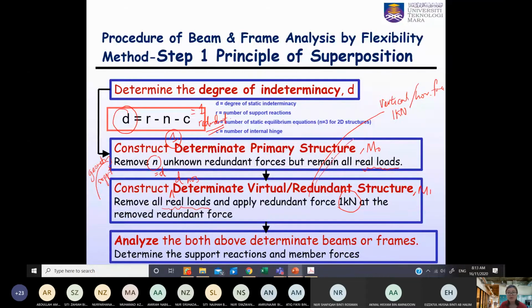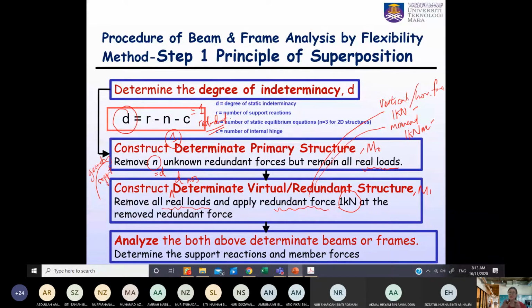But if you took out a moment, then you apply back a moment of 1 kilonewton meter. This must be very clear at the position of the redundant force, and the direction will be up to your assumption. Then you analyze both of these determinate beams and frames.